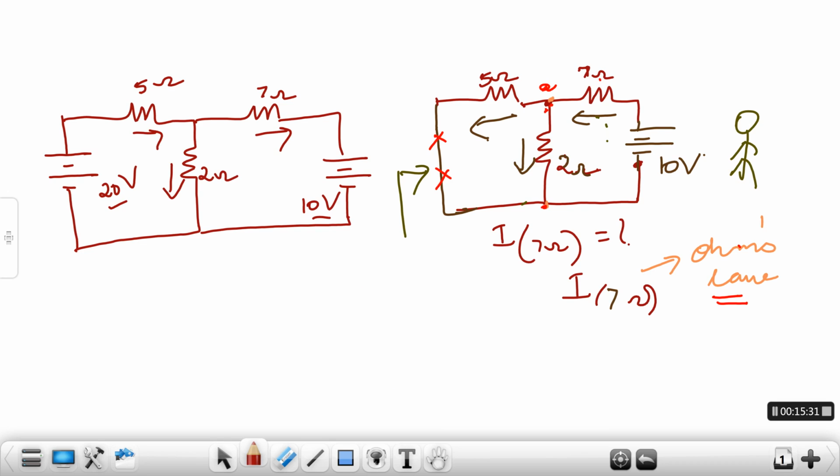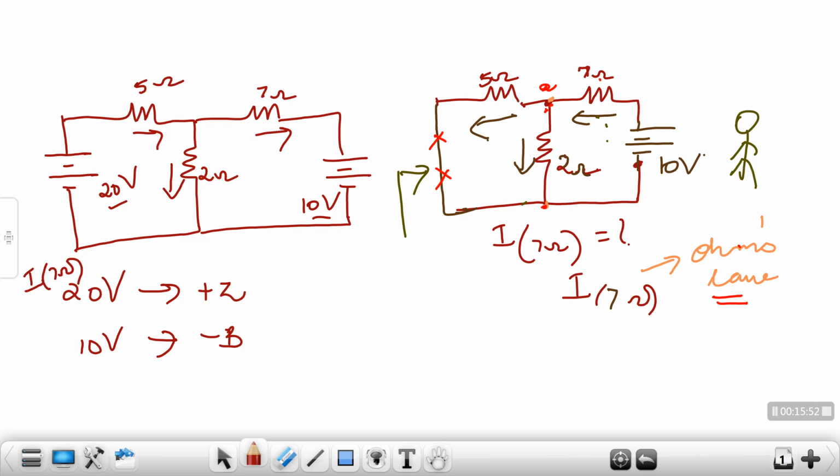You have got the current due to the 20 volt source in my 7 ohm resistor as plus Z. You got the current in the 7 ohm resistor because of the 10 volt source as minus B. These are the currents in 7 ohms when both sources are acting individually.